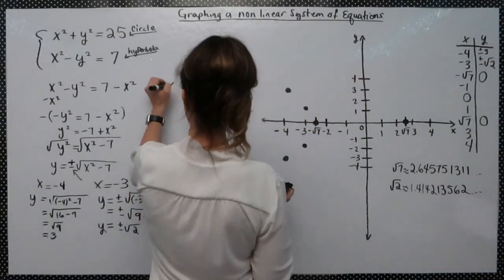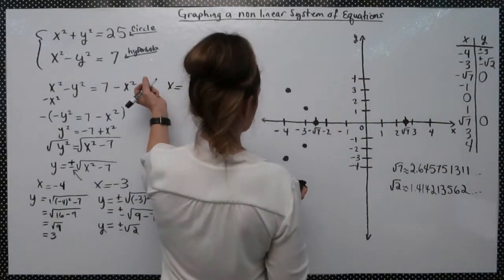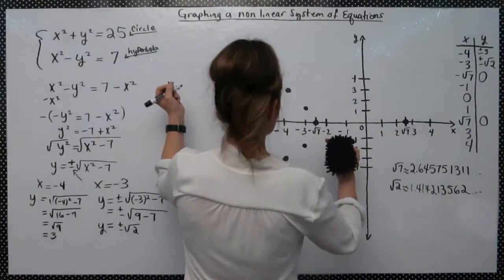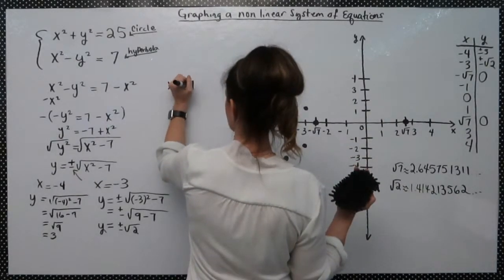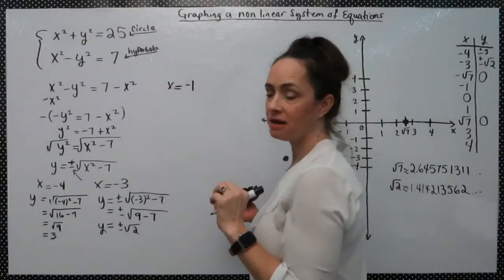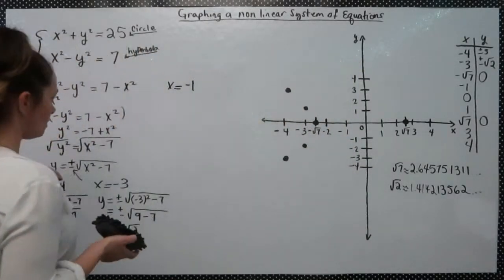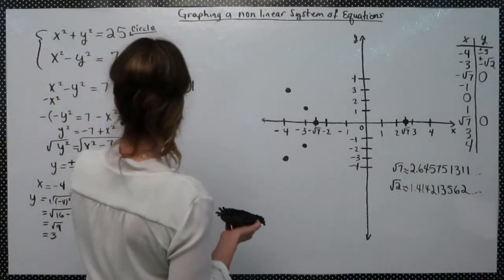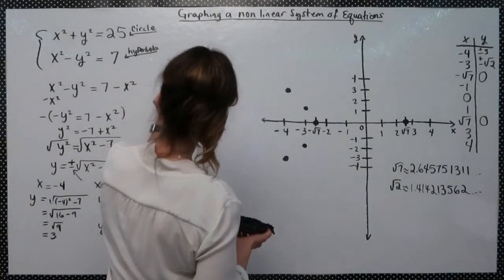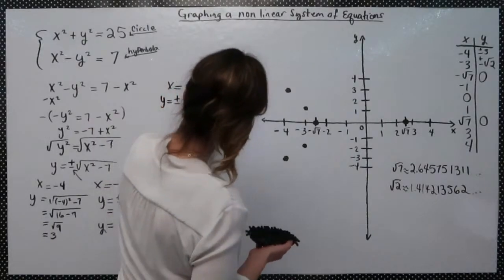So x equals, since we don't have -2 on there, we have -1. Or if it's going to be a 0 or it's going to be a complex solution.